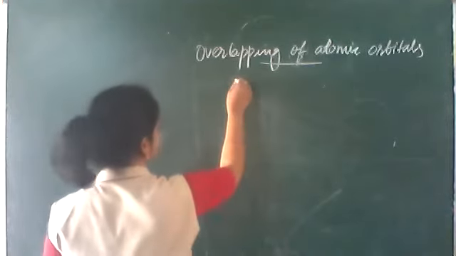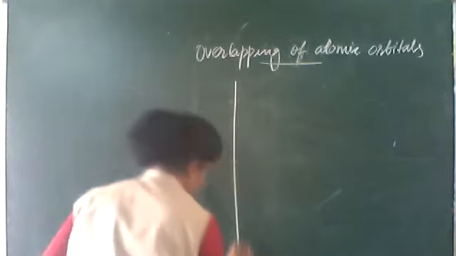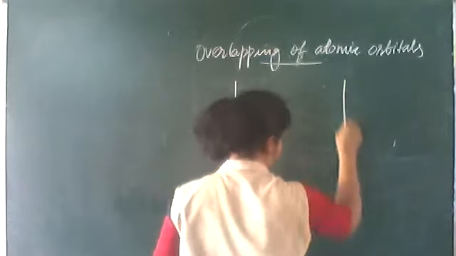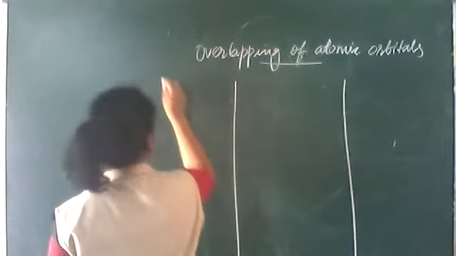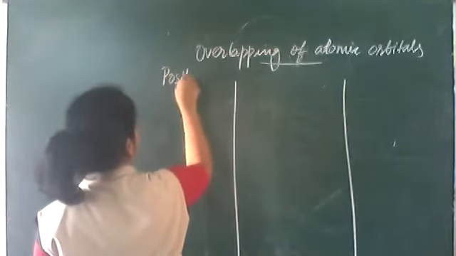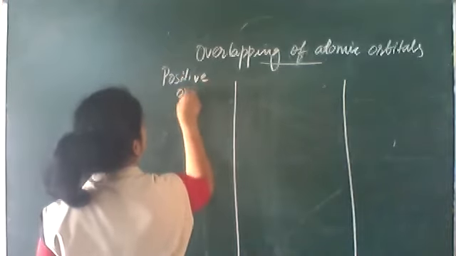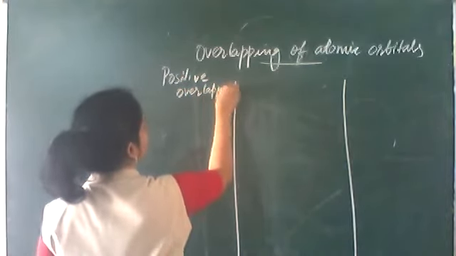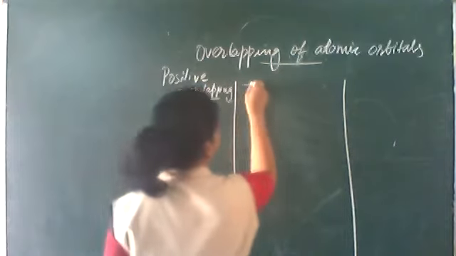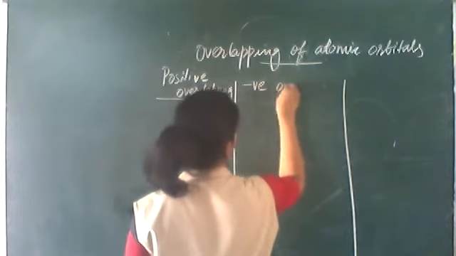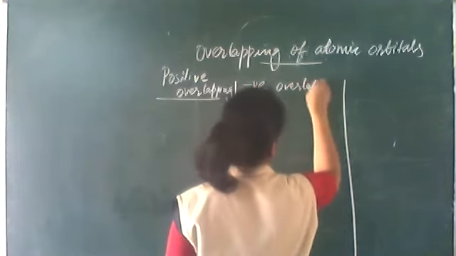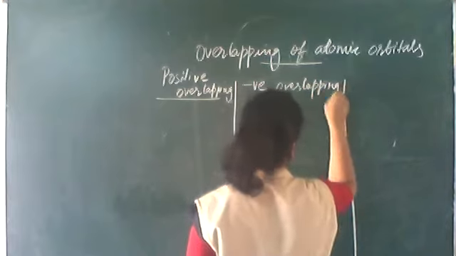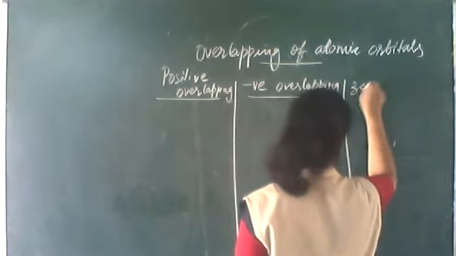So we are going to see different overlaps: positive overlap, negative overlap, zero overlapping.